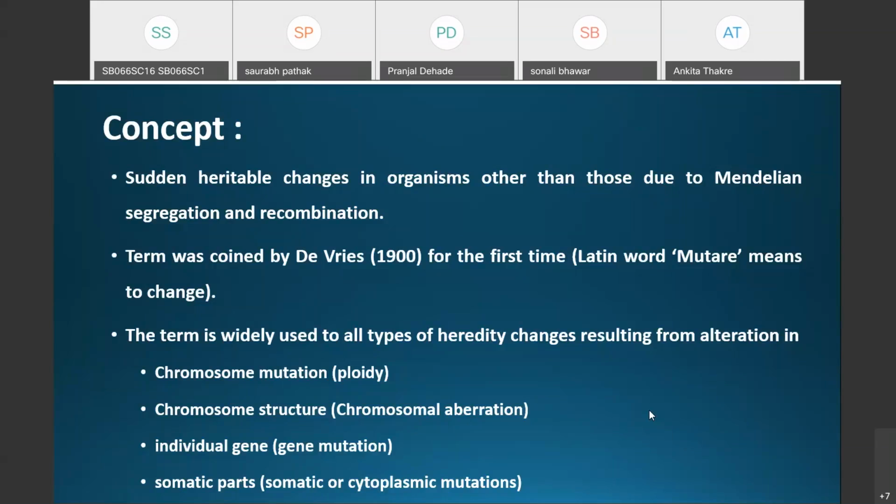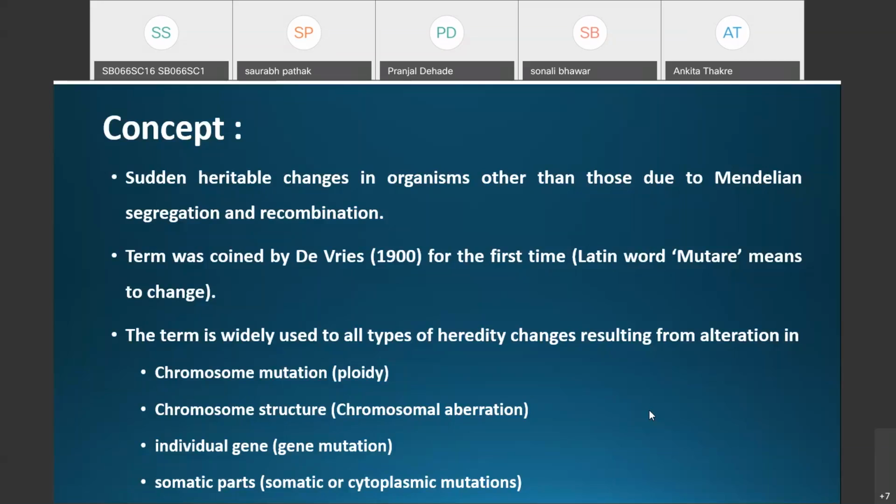It is derived from the Latin word mutere, and mutere means to change. Nowadays the term mutation is widely used for all types of hereditary changes.